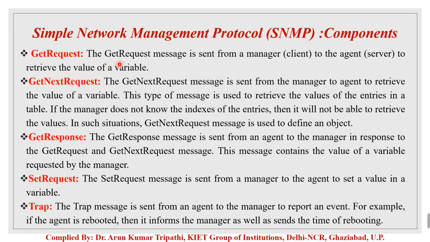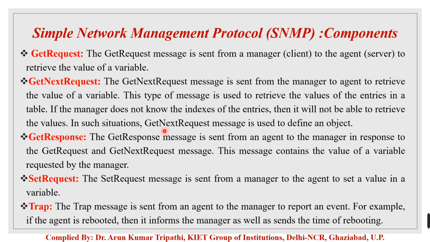Get request: the message is sent from the manager to the agent to retrieve the value of a variable. Get next request: the message is sent from the manager to the agent to retrieve the value of a variable. This type of message is used to retrieve the value of the entries in the table. If the manager does not know the index of the entries, then it will not be able to retrieve these values.